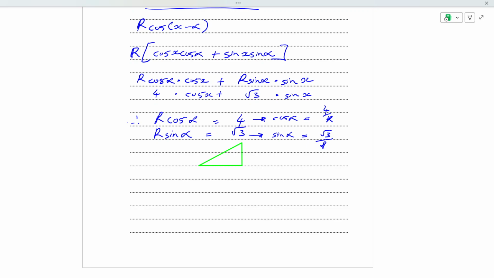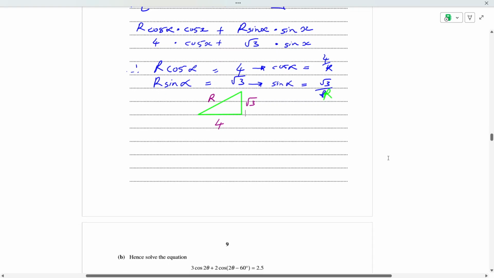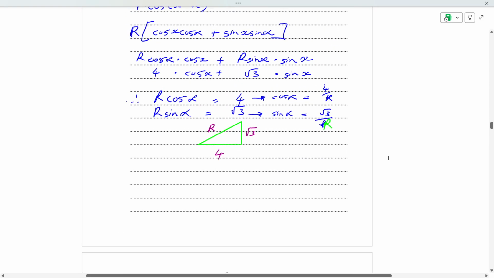All right, so in our triangle, r is the hypotenuse. The 4 will be the adjacent, and the opposite will be the root 3. We can use the Pythagoras theorem to find r. So r would be equal to the square root of root 3 squared plus 4 squared.